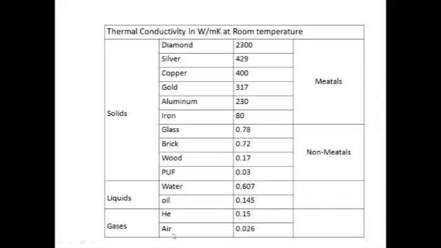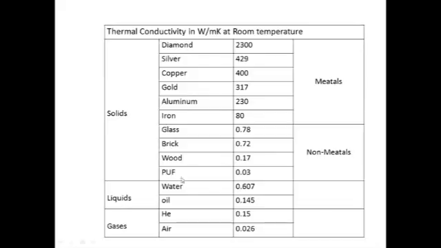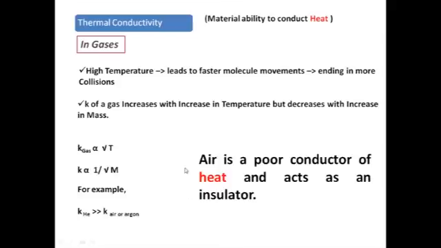So if you observe, air, because of its poor thermal conductivity, behaves almost like an insulator. When compared to the polyurethane foam having thermal conductivity 0.03, the thermal conductivity of air is also in the same order. So instead of using a solid material like puff or wood, it is better to use air for the purpose of insulation.